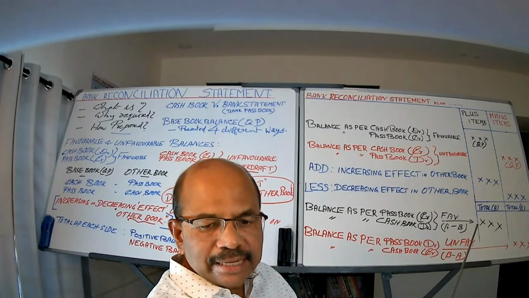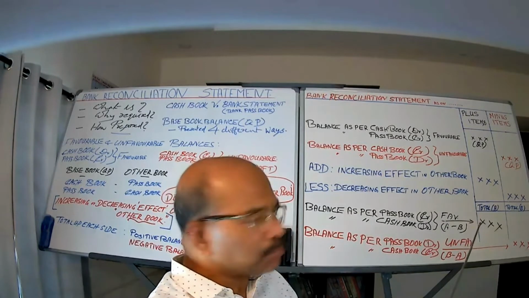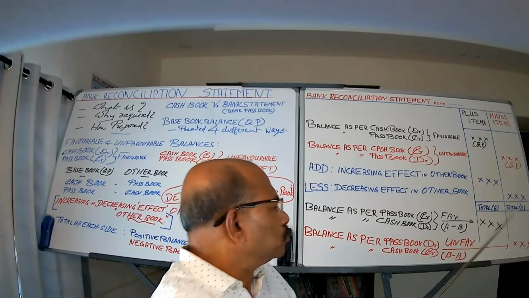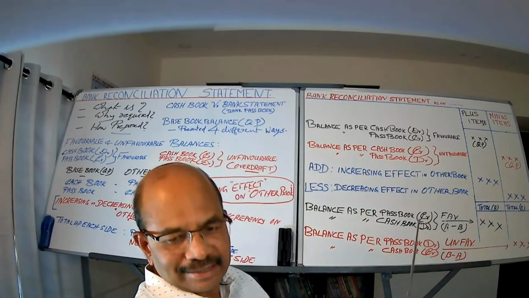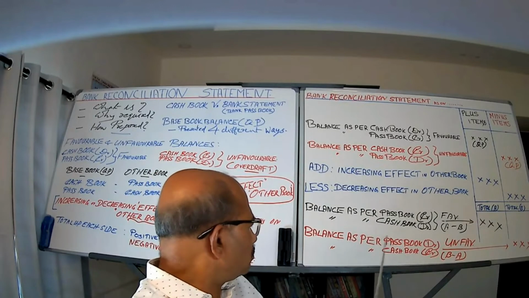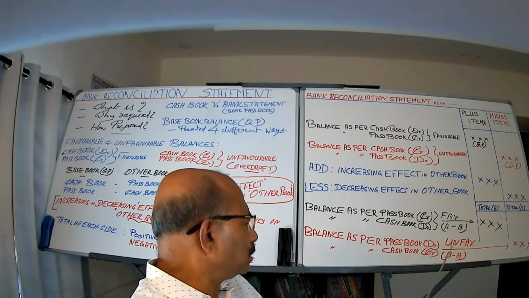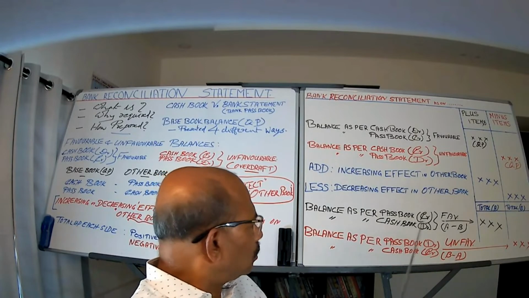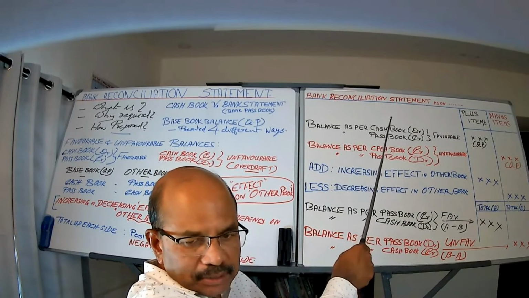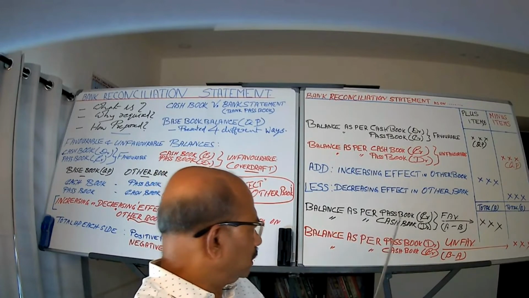In that case, you show the net minus balance here. That's your answer. You will indicate it against balance as per pass book debit or balance as per cash book credit. Both are unfavorable. It depends on how the base book balance has been given. Only one will come, of course. In each case, only one will come.